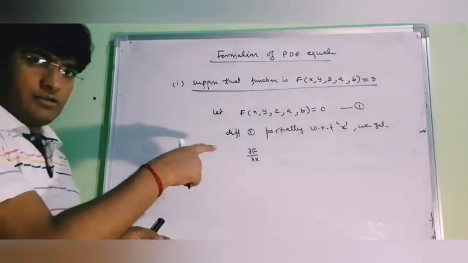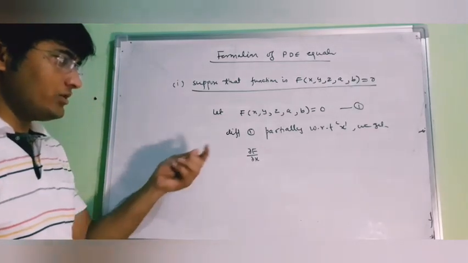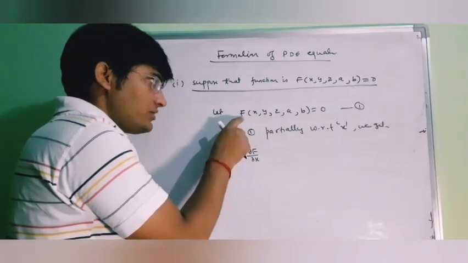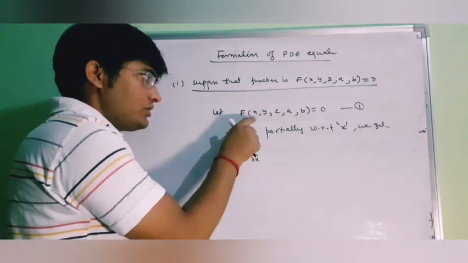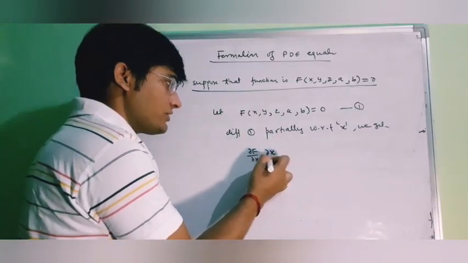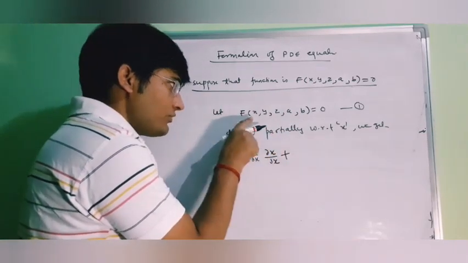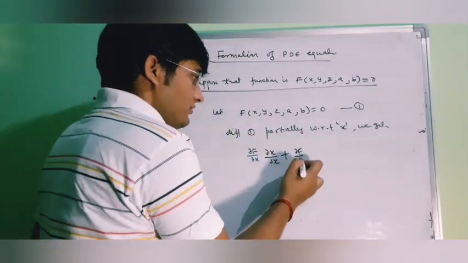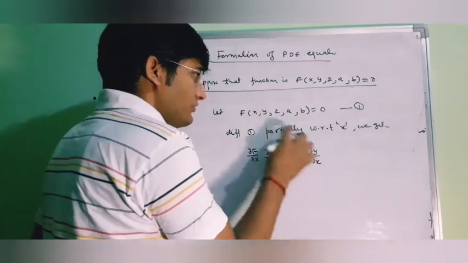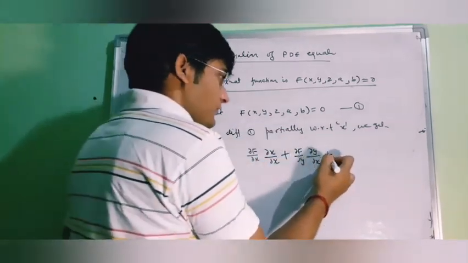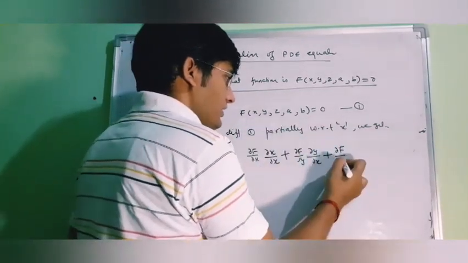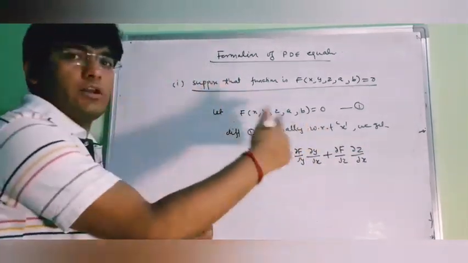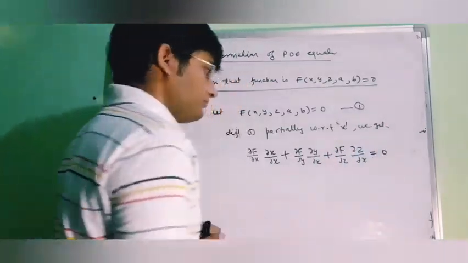We are doing the partial differentiation. So if you are differentiating with respect to x, then first of all we will differentiate f with respect to x, and then differentiation of x with respect to x will be 1. Then we will differentiate f with respect to y, and then differentiate y with respect to x. Then we will differentiate f with respect to z, and then differentiation of z with respect to x. And the differentiation with respect to a and b will be 0, so this is equal to 0.